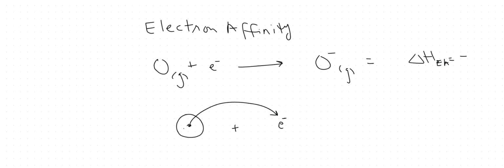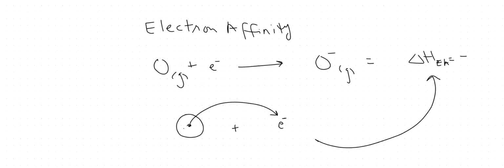And whenever you make a bond, what happens? The energy will always be released during bond formation. So you can think of the same concept: there is an attractive force between the atom and the electron, and the electron is being attracted towards the nucleus of that atom, so it is releasing energy, and that energy would be shown as this form, electron affinity.